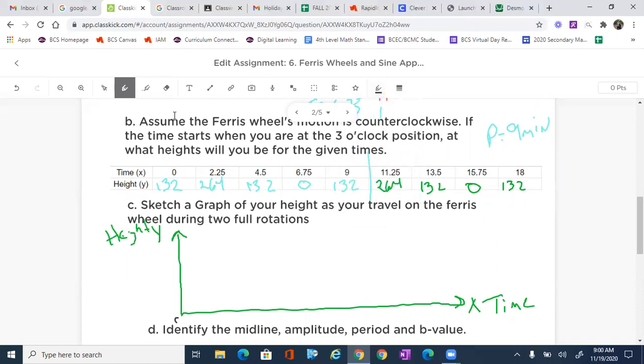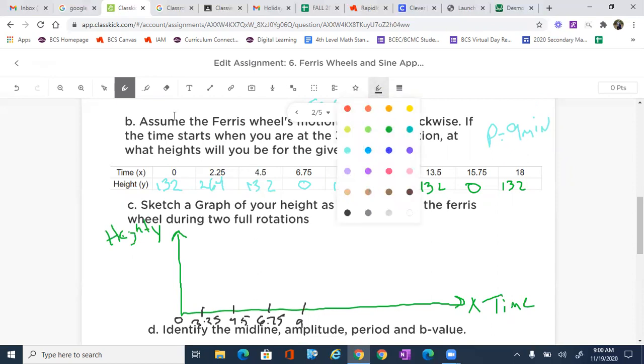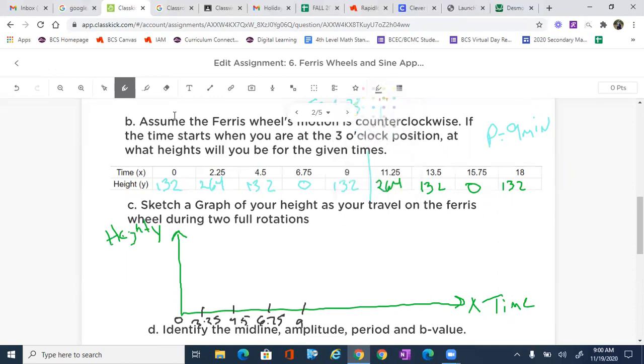We've got 0, 2.25, 4.5, 6.75, 9. That would be our first rotation, and then of course we've got our second rotation, which will be 11.25, 13.5, 15.75, and 18.